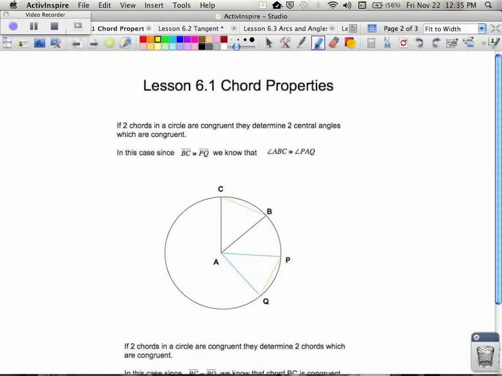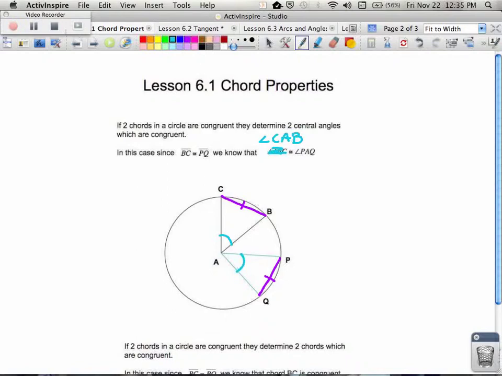So for example, as we look at this particular picture here, we see chord BC and chord PQ, and if I know that these two chords are congruent to each other, that means that I also know that angle CAB is congruent to angle PAQ.